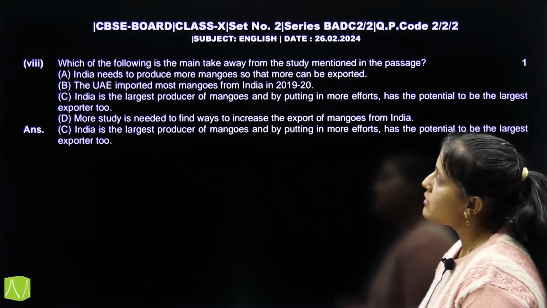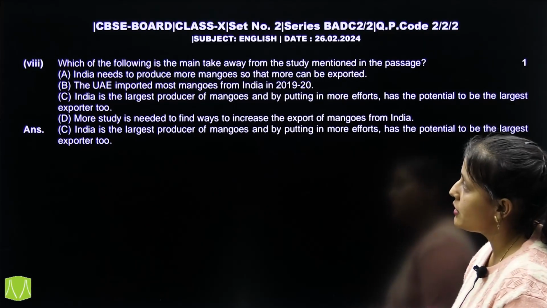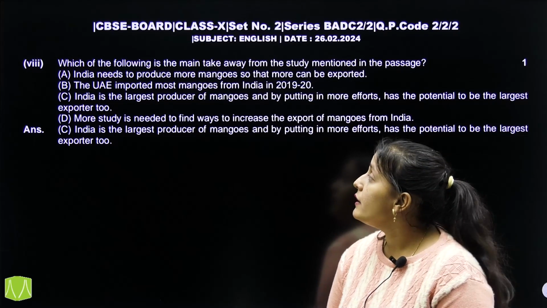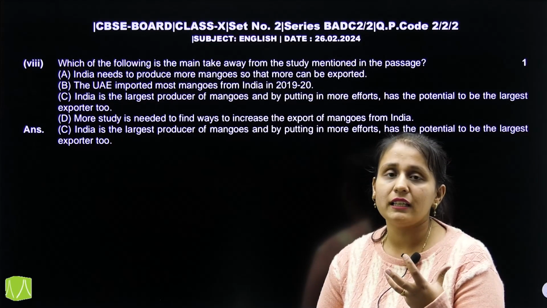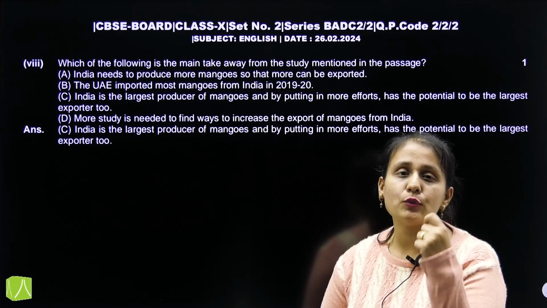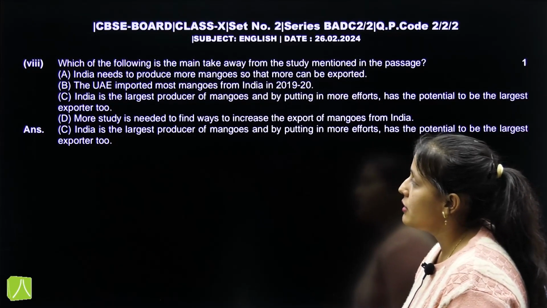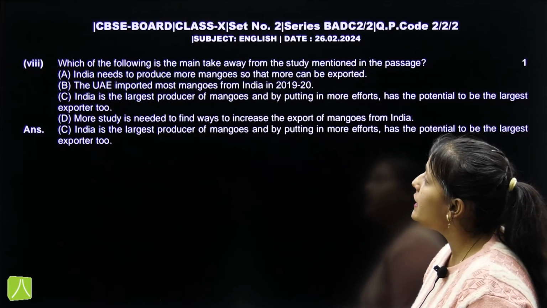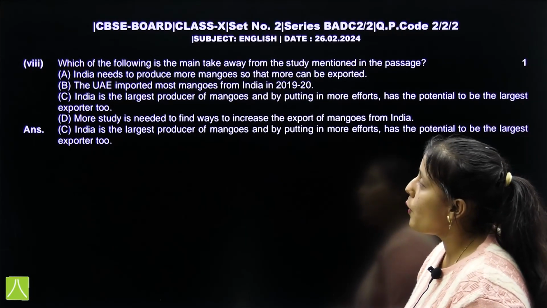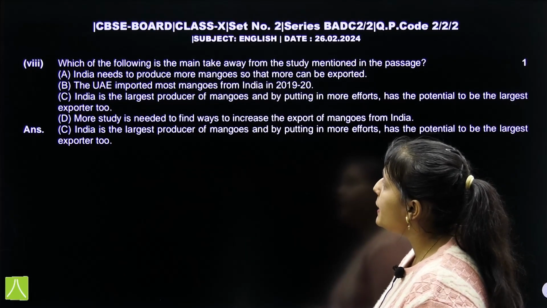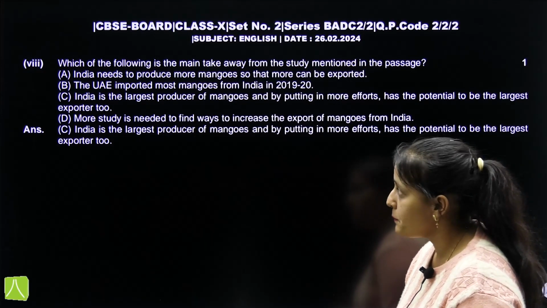The last question was, which of the following is the main takeaway from the study mentioned in the passage? Here are 4 options and you just have to mention the main crucial point mentioned in the passage which describes the whole passage. Option A is, India needs to produce more mangoes so that more can be exported. Option B, the UAE imported most mangoes from India in 2019 and 2020.